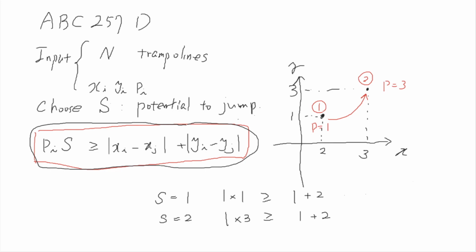If s is 1, the inequality from the first trampoline to the second trampoline is false, so you can't move from the first to second.